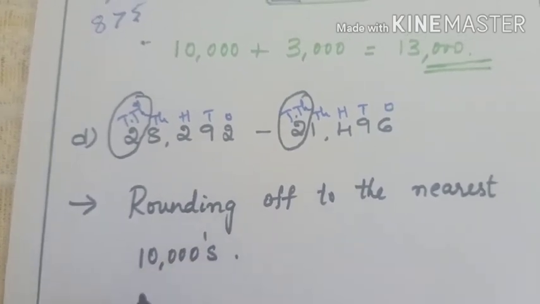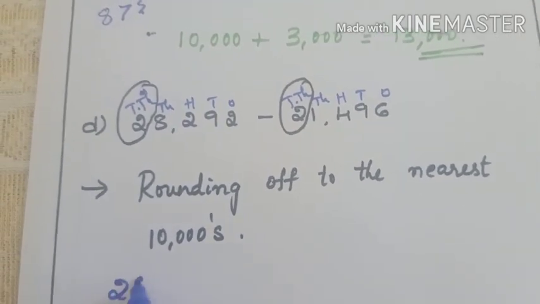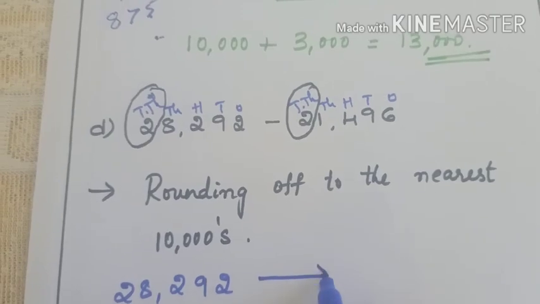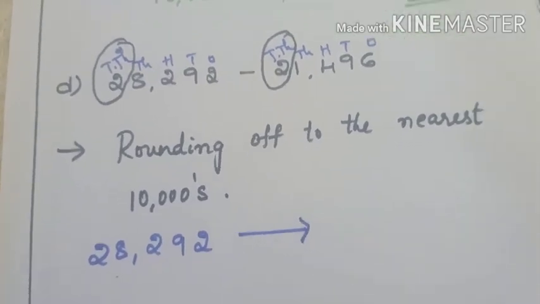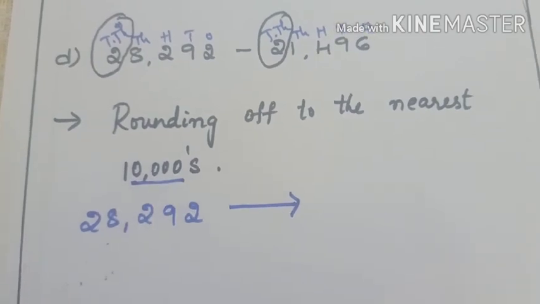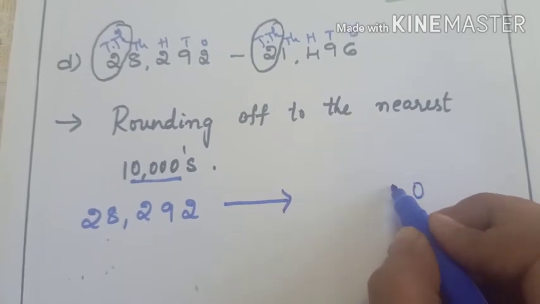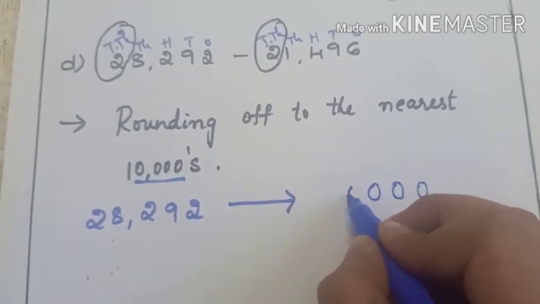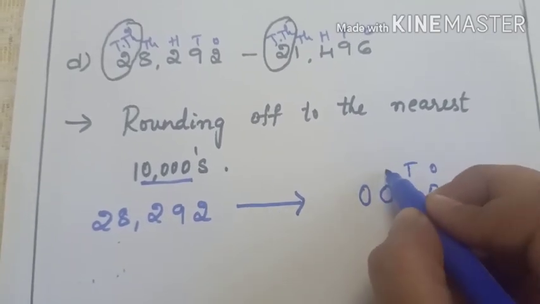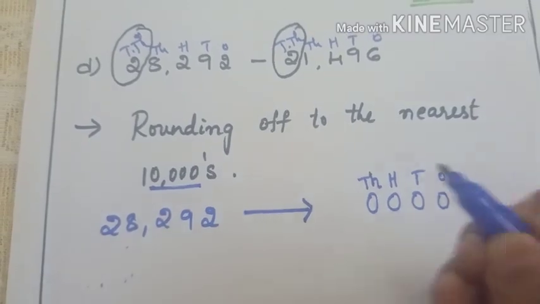Rounding off to the nearest 10,000s will give, first write down the first number, that is 28,292. So how to round off? What is the first rule? Check the number of zeros in the 10,000s place. 4 zeros, right? Write down 4 zeros. It means ones place is 0, tens place is 0, hundreds place is 0, thousands place is 0.